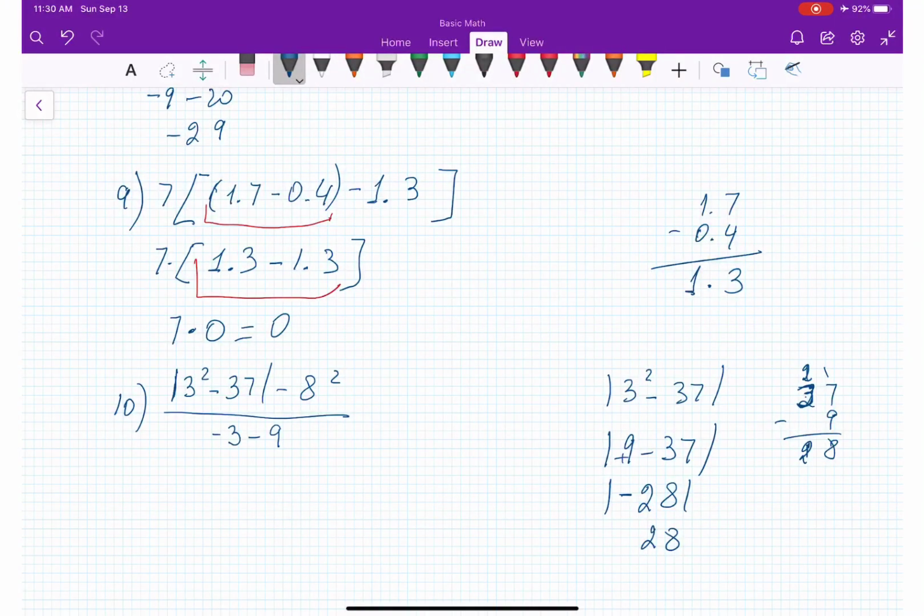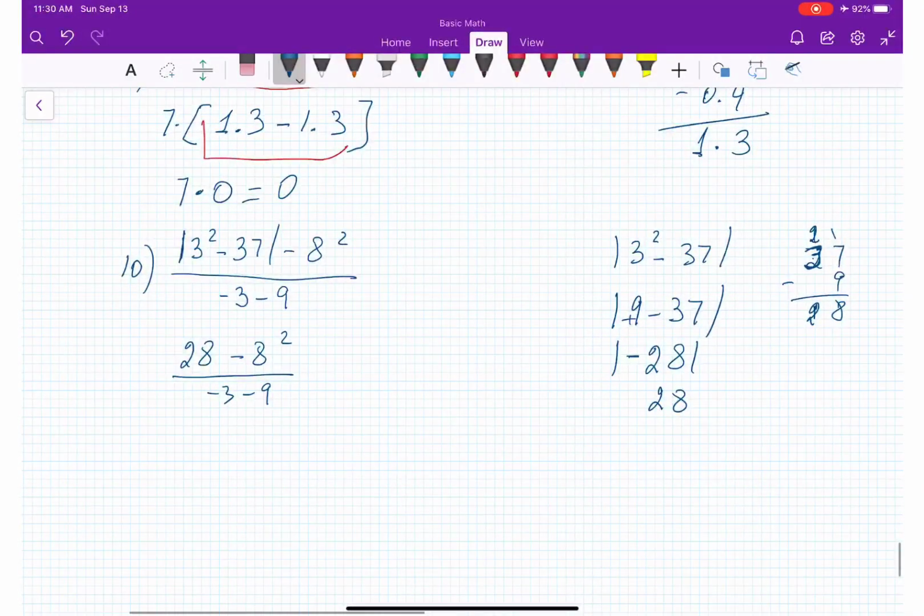So here we have 28 minus 8 squared over negative 3 minus 9. Okay, next. I'm doing 8 squared.